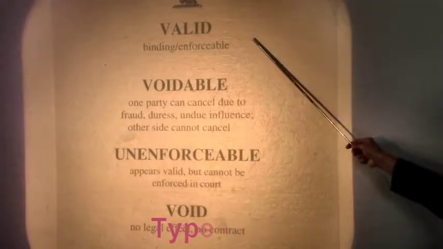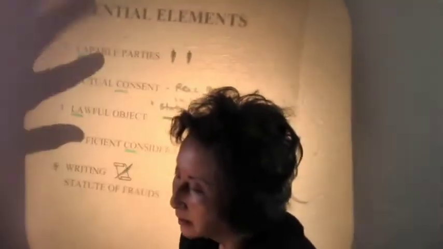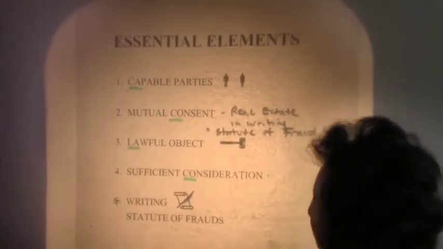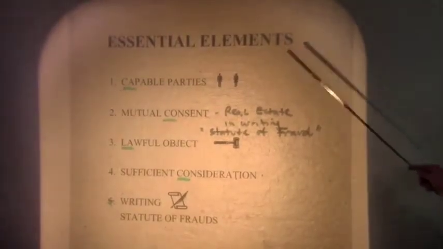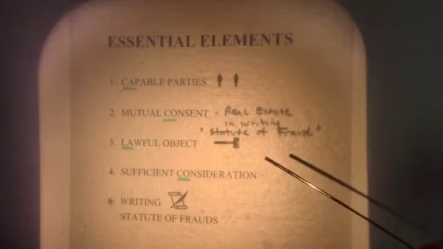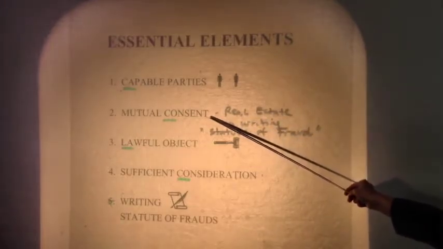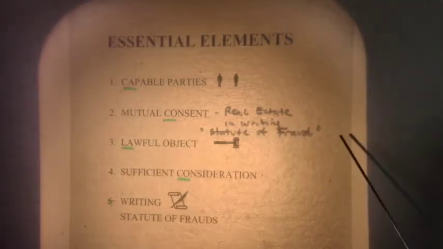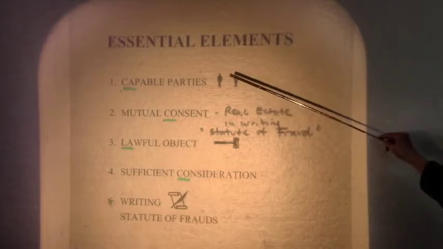The valid contract must have the 4 elements, and the 4 elements are Coca-Cola. Now this is a little bit not in order, but Coca-Cola means consent. Consent is agreement. If I hire you, I will do this for you, that would be consent.